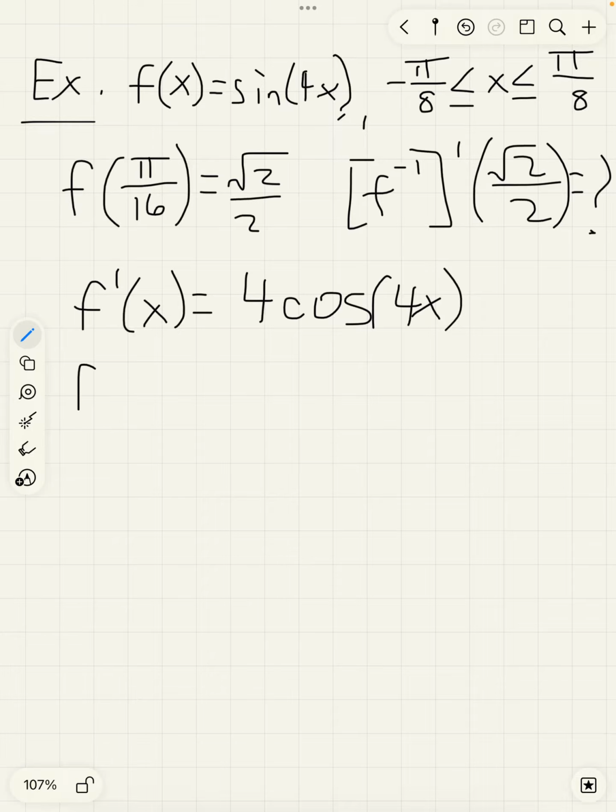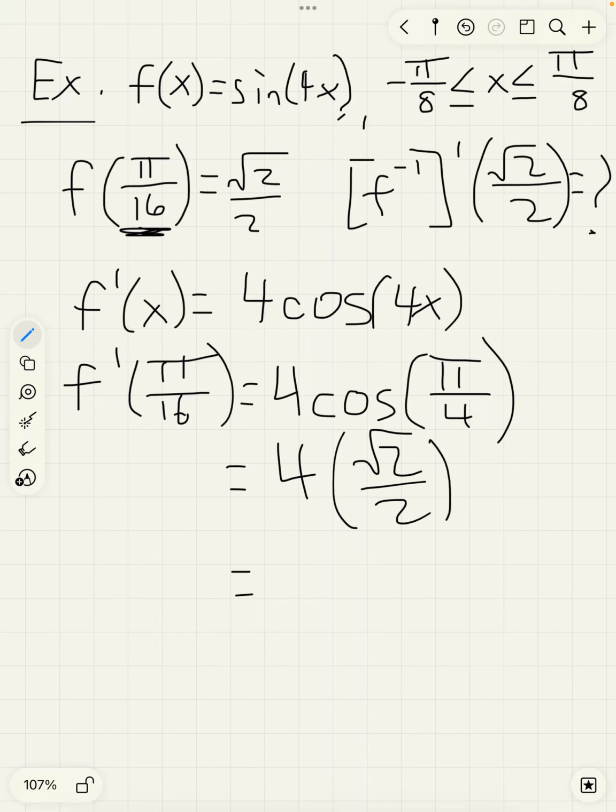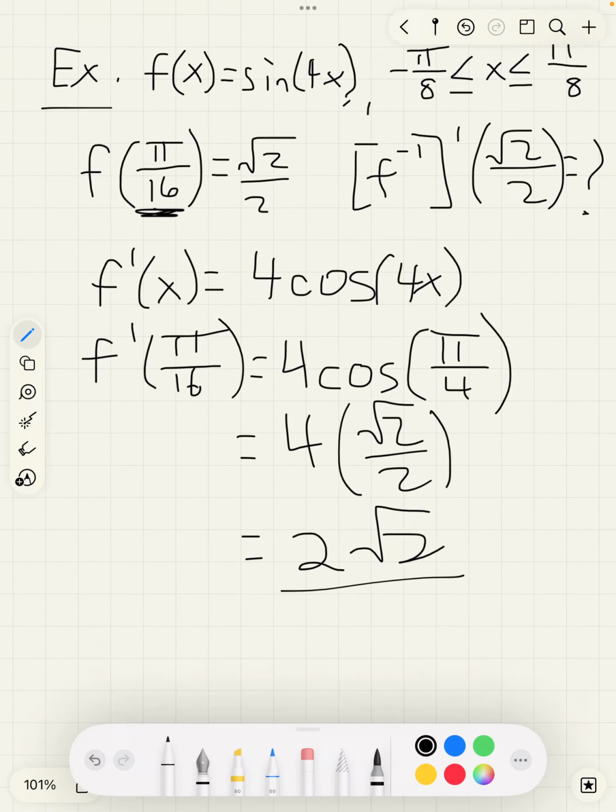So then if I substitute the original x value, pi over 16, into the derivative of f, we'll get 4 times cosine of 4 times pi over 16, which would be pi over 4. We know cosine of pi over 4 is the square root of 2 over 2. And when I multiply by 4, I get 2 square root 2. So this is the derivative of f at that point.